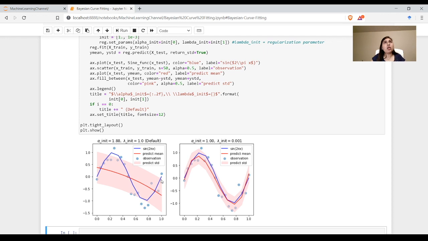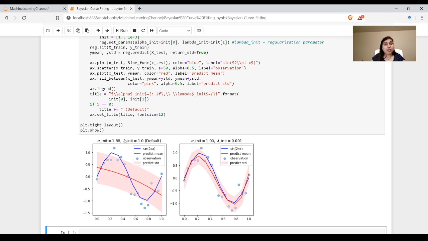As we know that the Bayesian curve fitting is not giving us the point estimates but the distribution of the target variable. That's why we are showing the standard deviation of the distribution of the target variable along with the mean value of the predicted variable, as we can see here. And this red curve should be very close to the blue curve because that's what we are trying to learn.